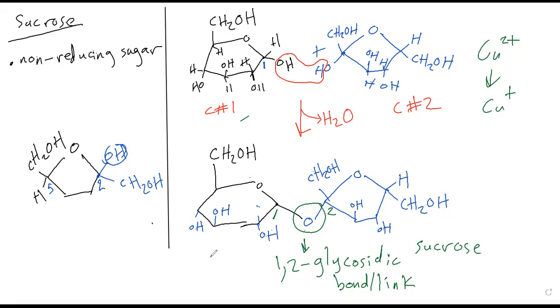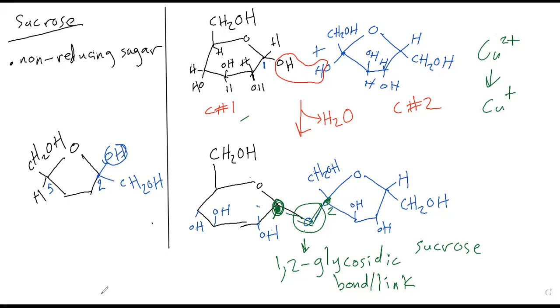As you can see here, the carbon 1 with carbon 2, which is this linkage here, the OH group that would have otherwise partaken in this reaction is not available.